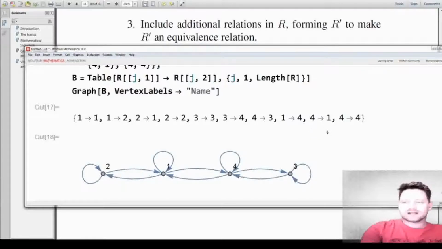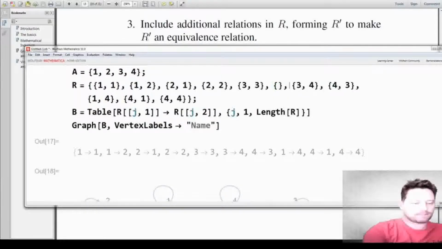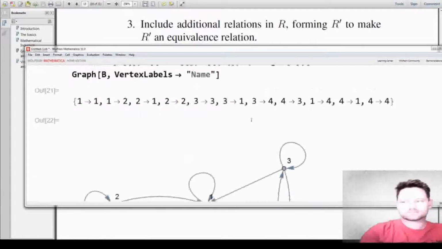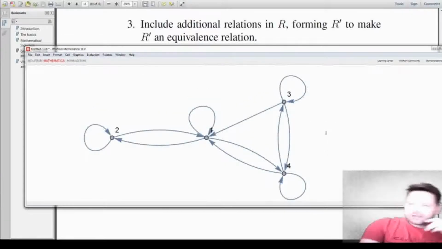Now what about transitive? Have a look here. 3 is going to 4 and 4 is going to 1, but we do not have 3 going to 1, so we need to include 3 goes to 1. We'll put that in here, and let's have a look. Now this is our new directed graph.